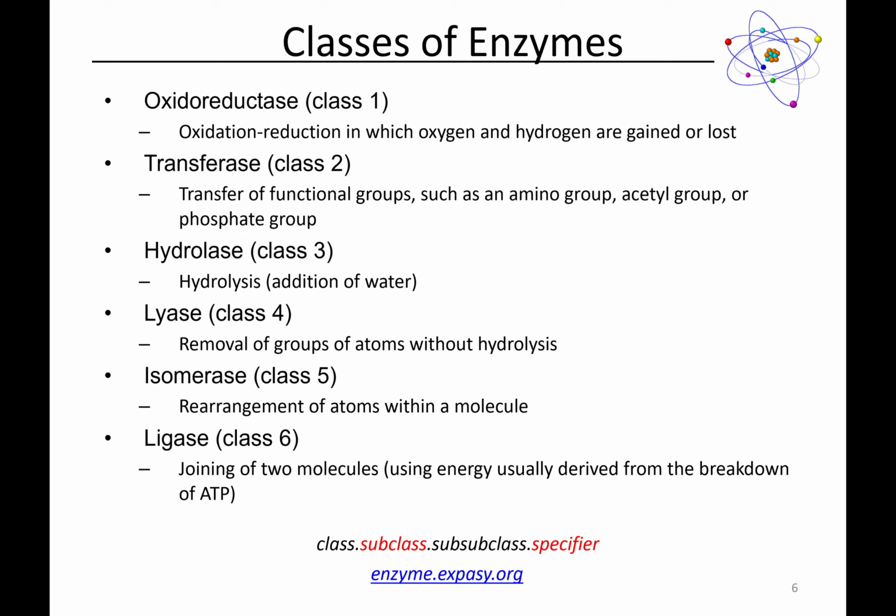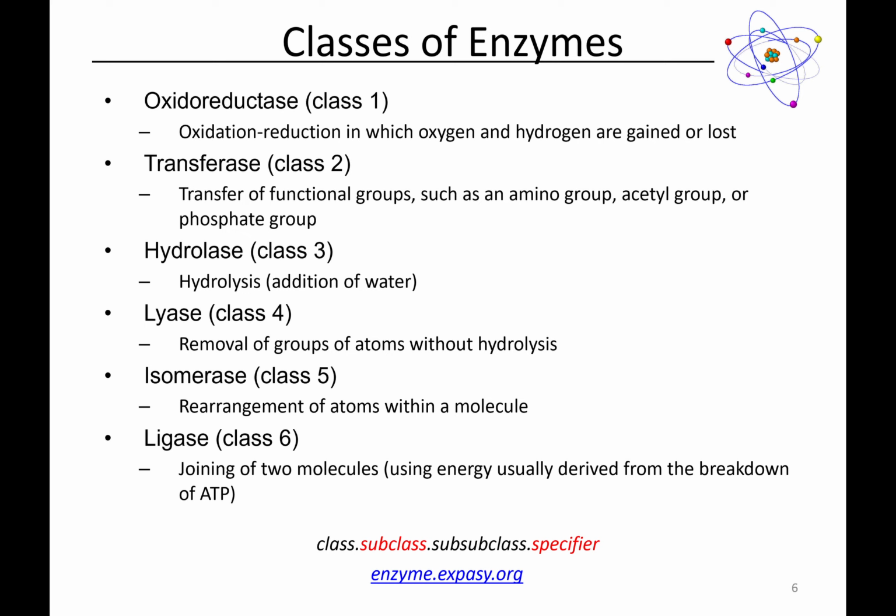Anytime you see those cofactors, immediately think oxidoreductase because it is. Okay? Transferases are enzymes that catalyze the transfer of one functional group from one molecule to another molecule. This is different than isomerases, which takes a functional group from within a molecule and moves it some other place within that same molecule.